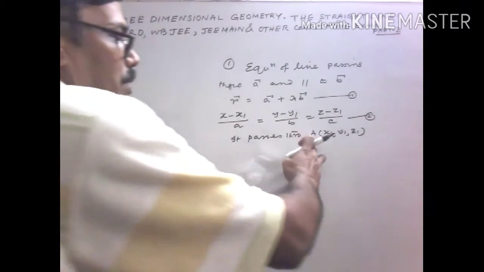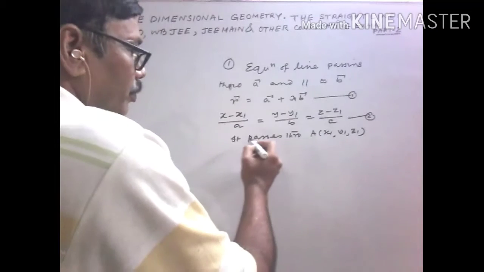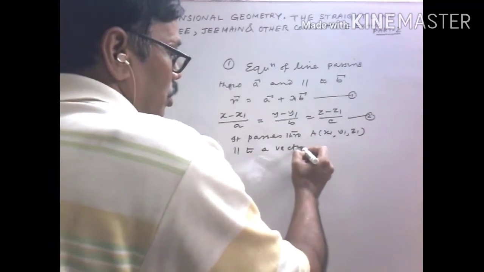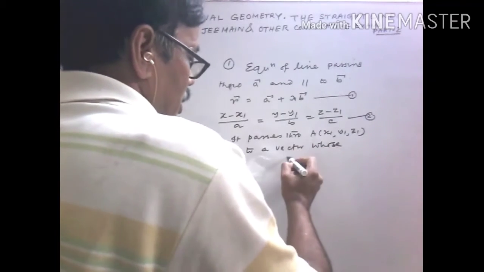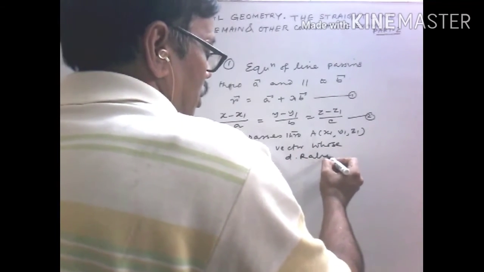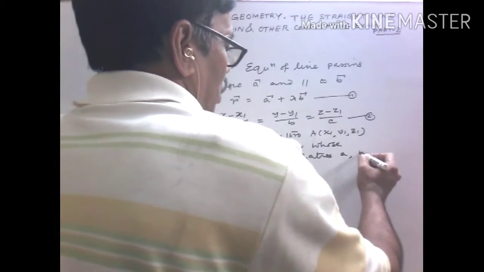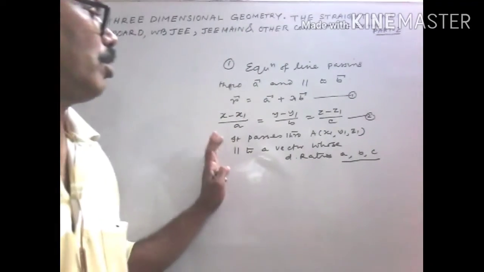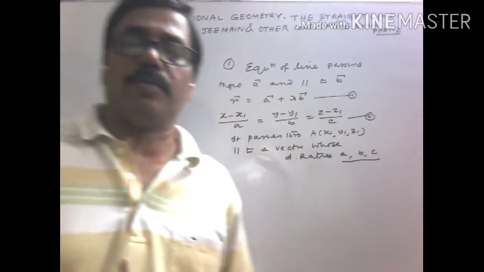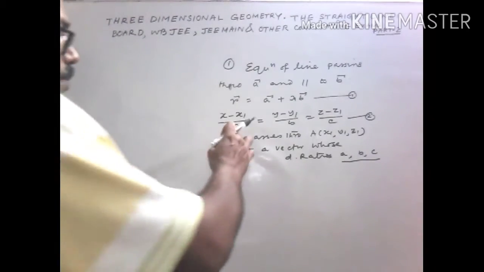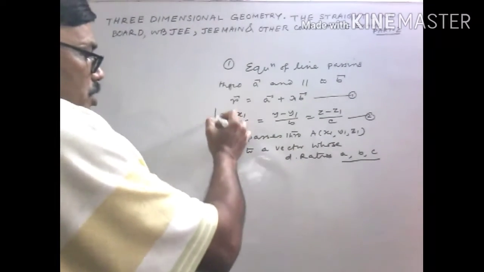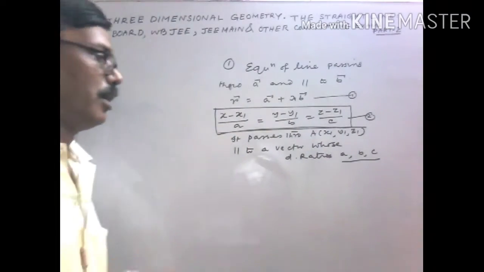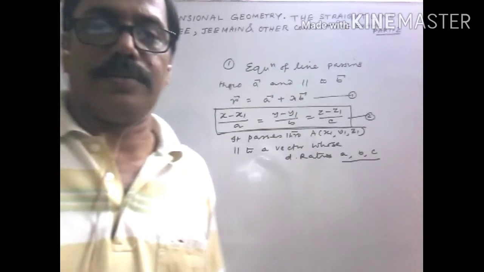So it passes through capital A and parallel to a vector whose d ratios are a, b, c. So this is equation of line in Cartesian form. So a, b, c are d ratios. This is called symmetric form, standard form of straight line in Cartesian coordinate geometry.